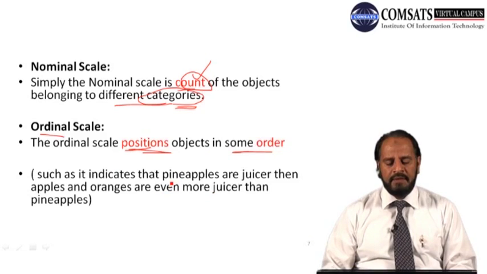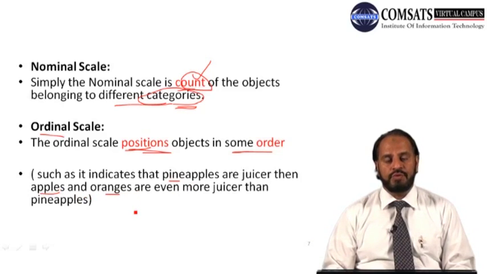An example could be that we are trying to compare between pineapples, oranges, and apples. We're trying to see which are juicier. So we're trying to compare among the three which is juicier.